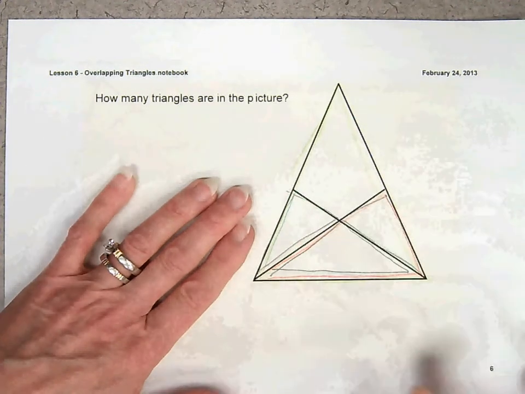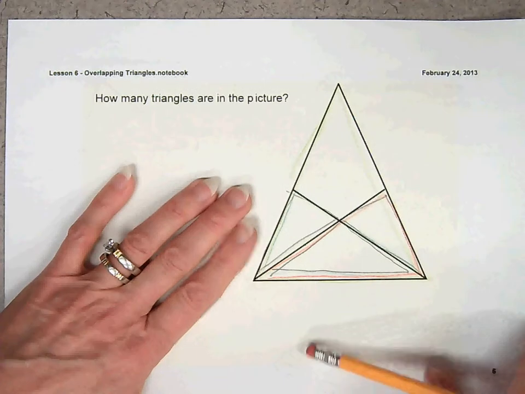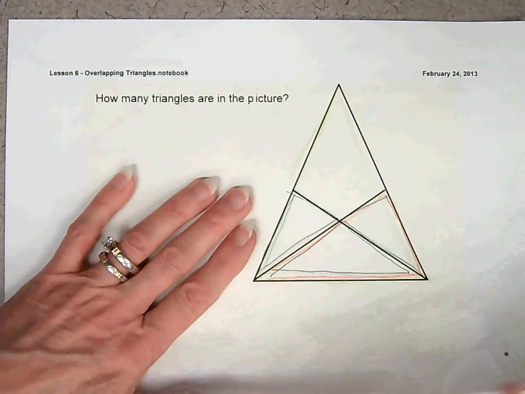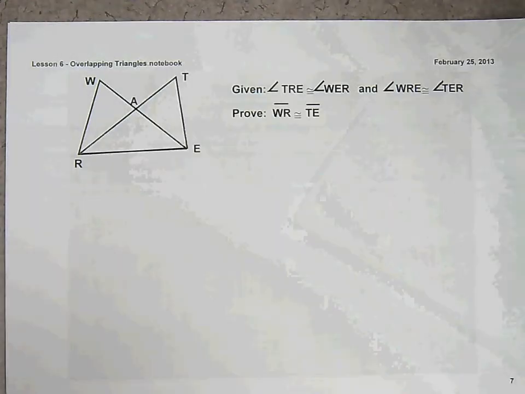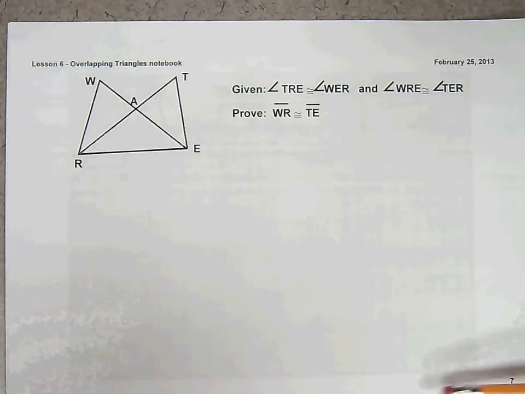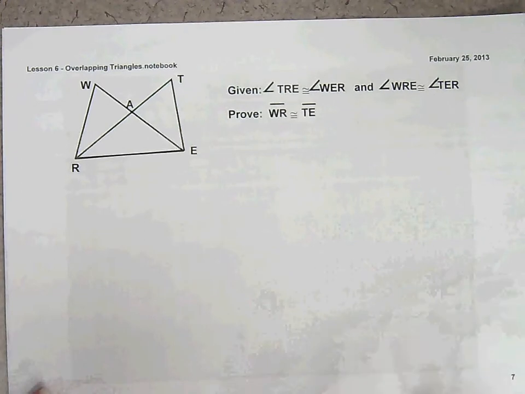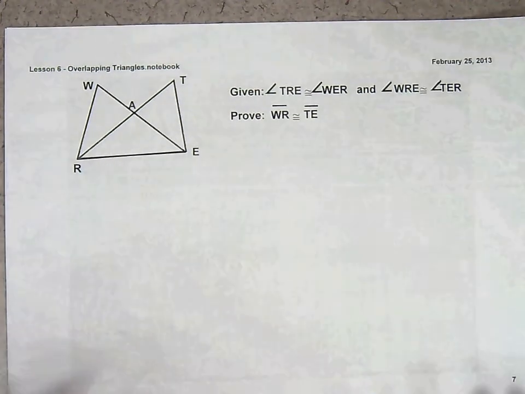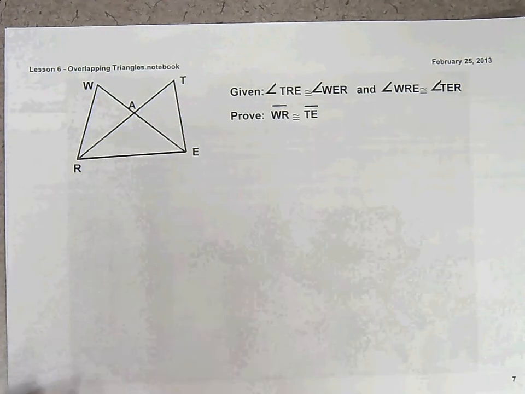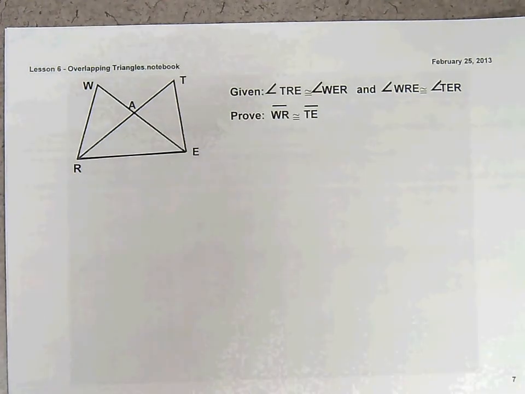Okay, when we start doing proofs with triangles, we're going to have to consider all the overlapping triangles in the picture. So for instance, if we are given this picture and this set of statements, we're given some angles that are congruent, and we want to prove that segments are congruent.